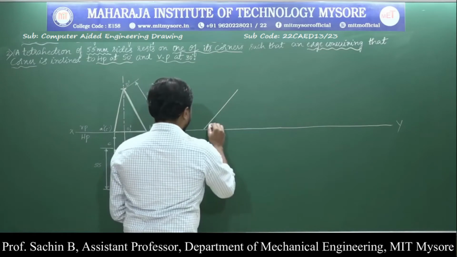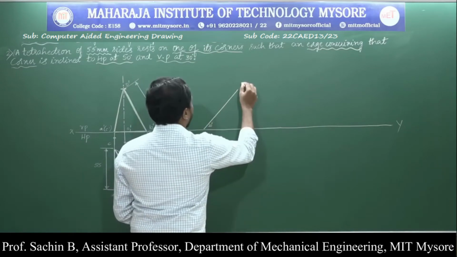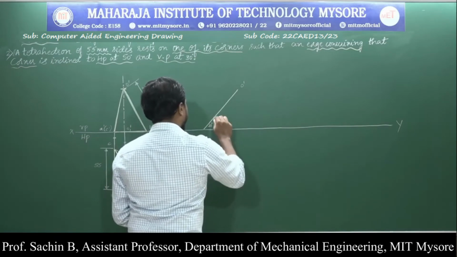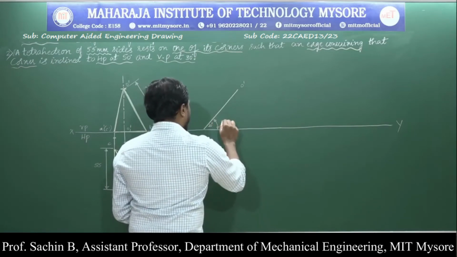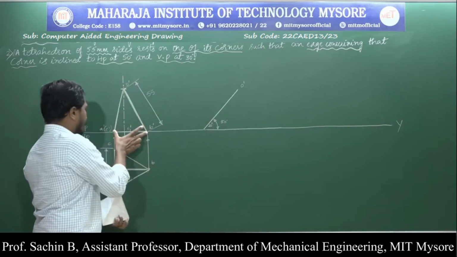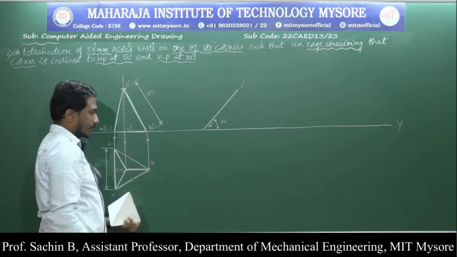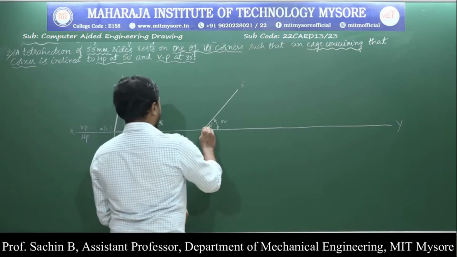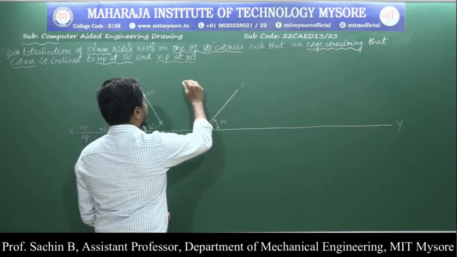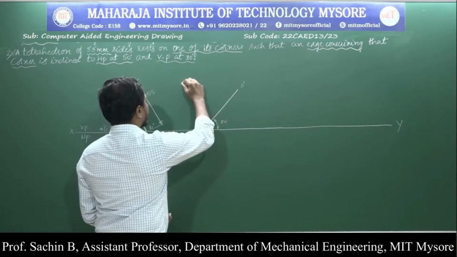I am going to call this B dash point and this point O dash. Now I am going to measure from B dash to A dash to get the base part, and I will put an arc from B dash to A dash.